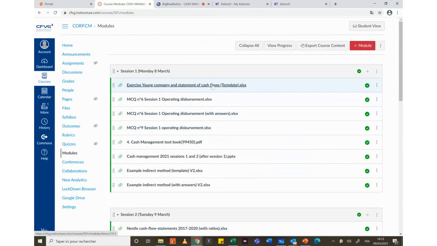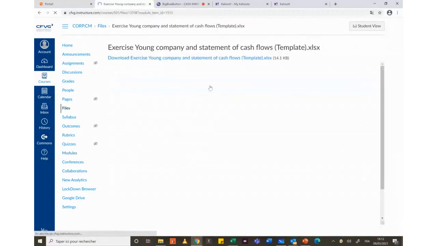So for tomorrow, if you can start the exercise, we start directly with the correction of this one. Young Company statement of cash flows. So I take 2 minutes to present the case.